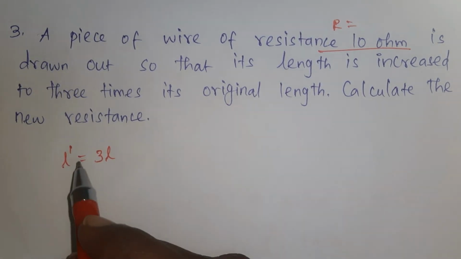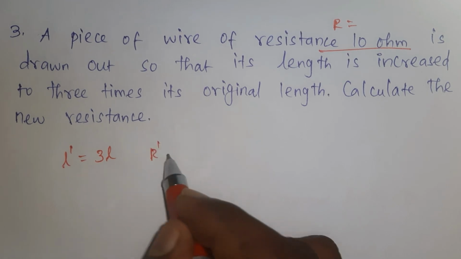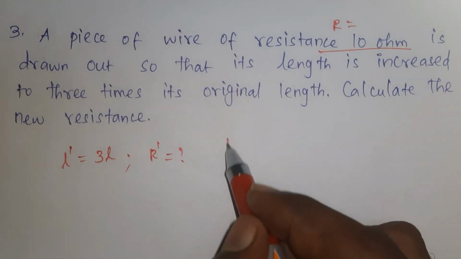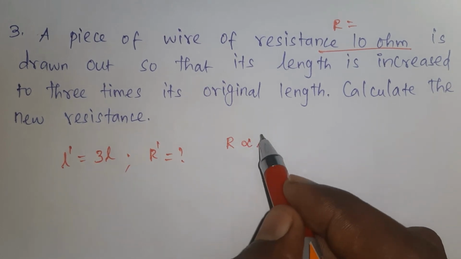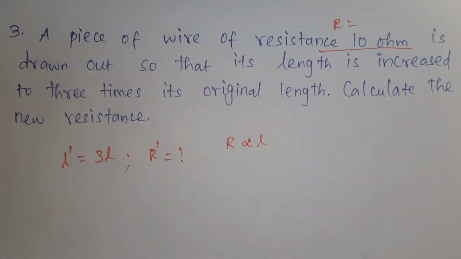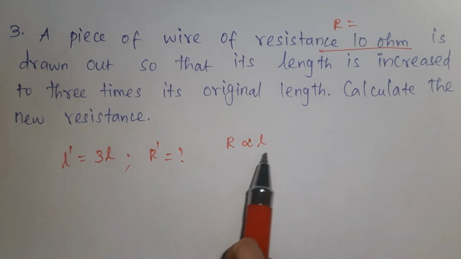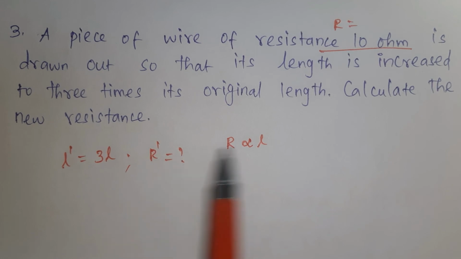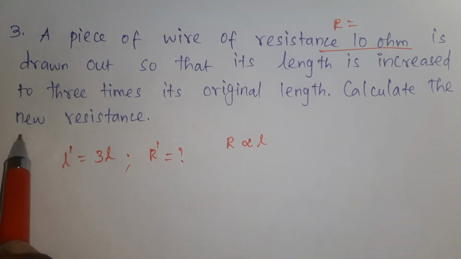Calculate the new resistance, R dash, which we have to find out. Already we know that resistance is directly proportional to the length of the conductor. If the length increases, resistance is also going to increase. So a change in the length will change the resistance, that is the new resistance.